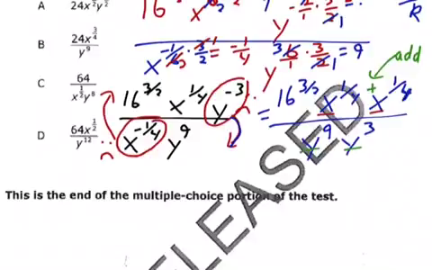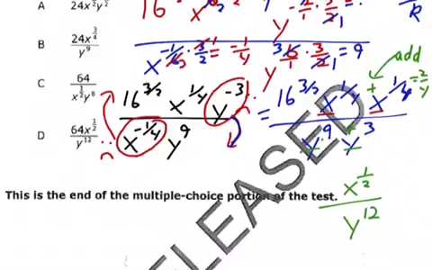Adding the exponents is what we're doing. We have a like denominator, so it's just 1/4 plus 1/4 is 2/4, or 1/2. So that's going to be x to the 1/2. And then on the bottom, it's just 9 plus 3. So 9 plus 3 is 12, so it's y to the 12th.